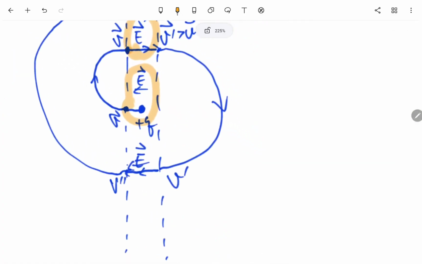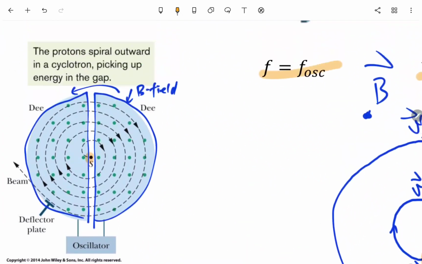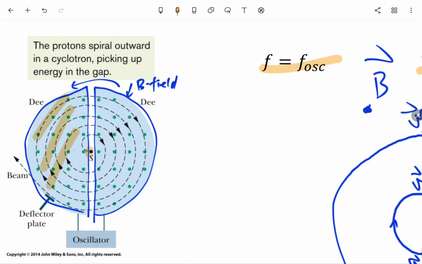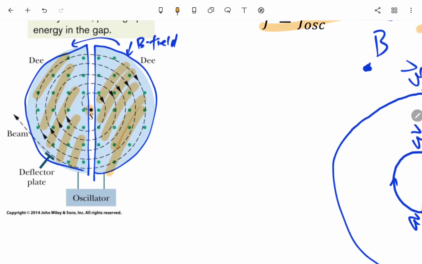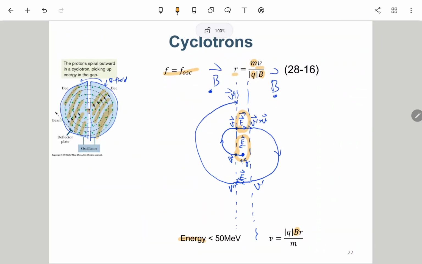The idea is that we need to generate the B field for these two D-shaped areas. Generating a strong B field in a large area needs a huge amount of energy, and this D shape would be really large.